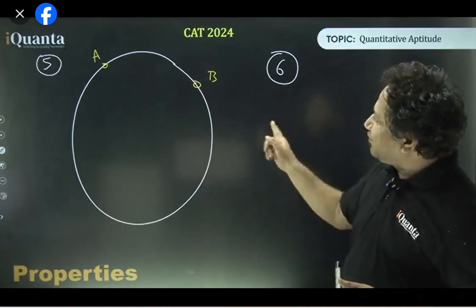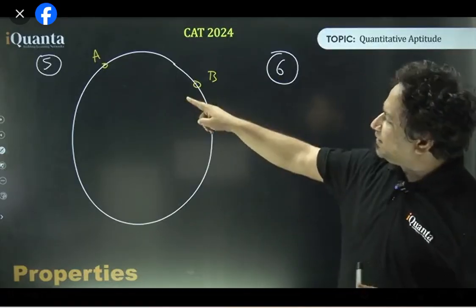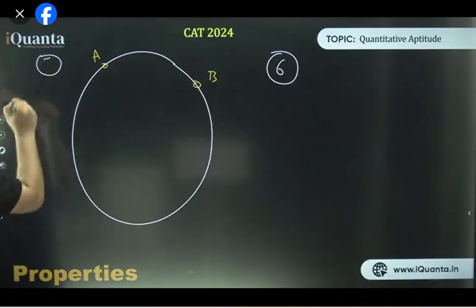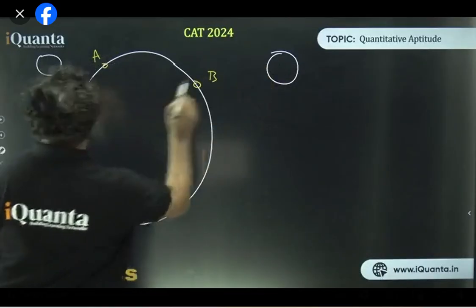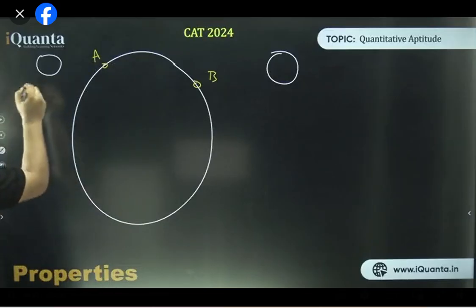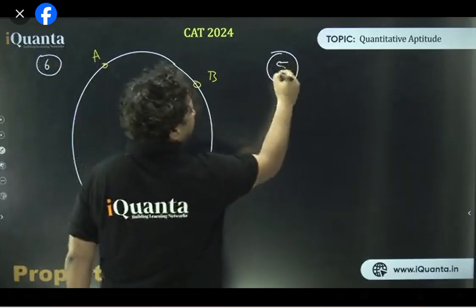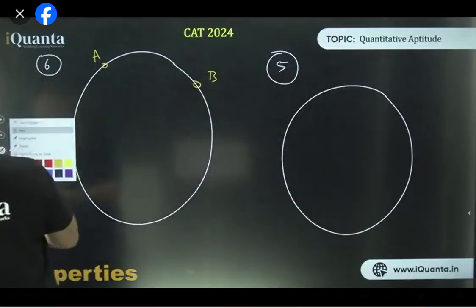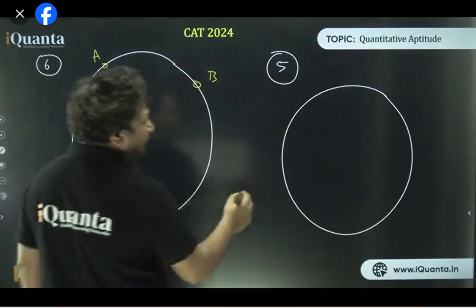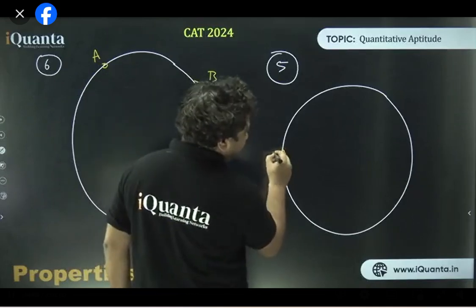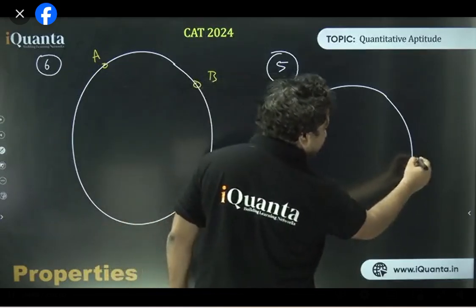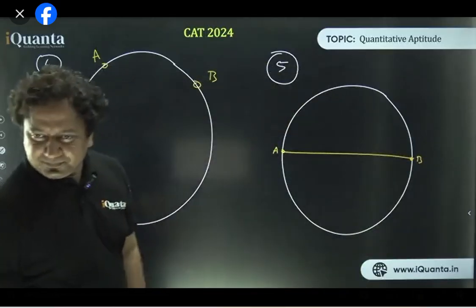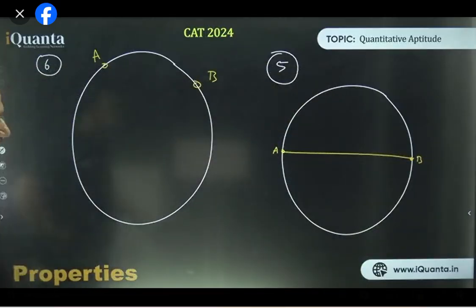I'm trying to write 5 over here and then 6. Now I feel that this should be 6th and that should be 5. It will look more logical to you. Okay, see. So now I draw a diagram and then I take the longest chord.